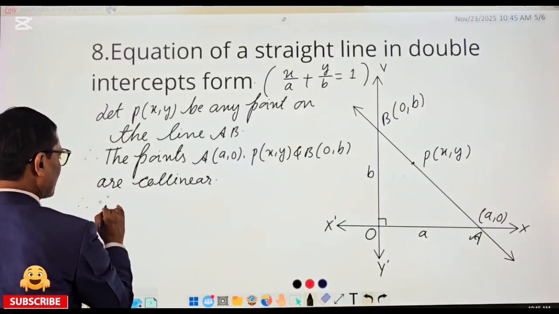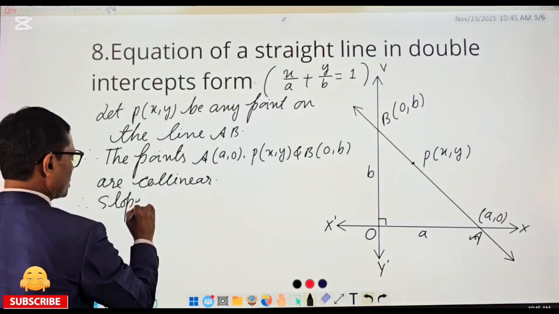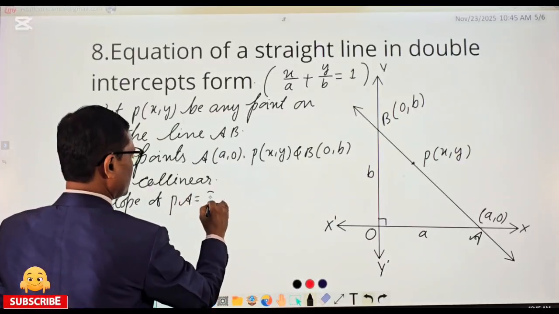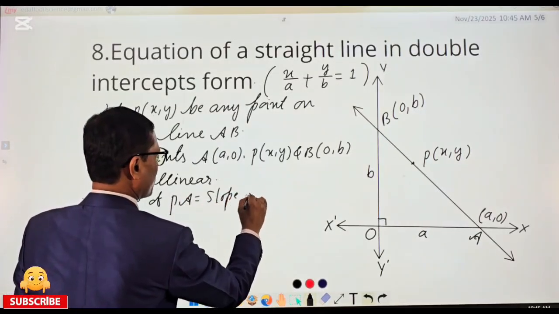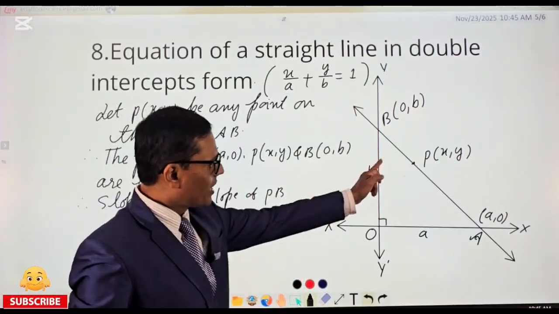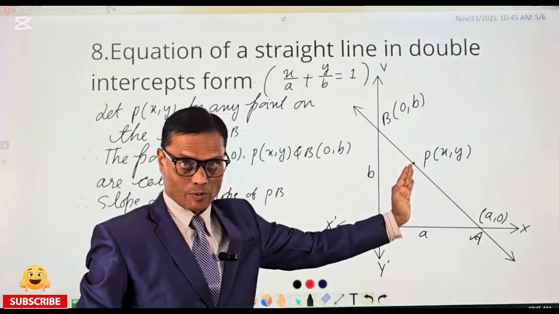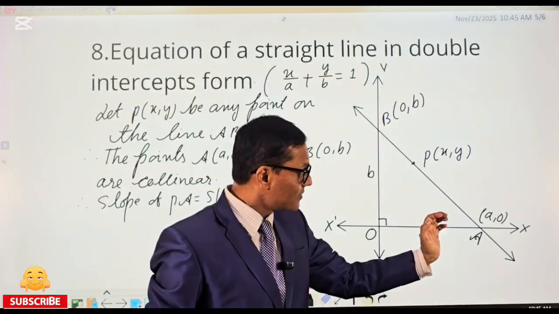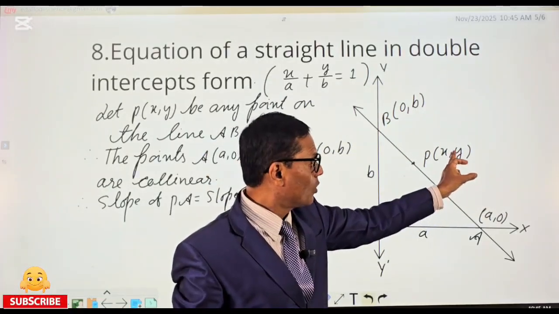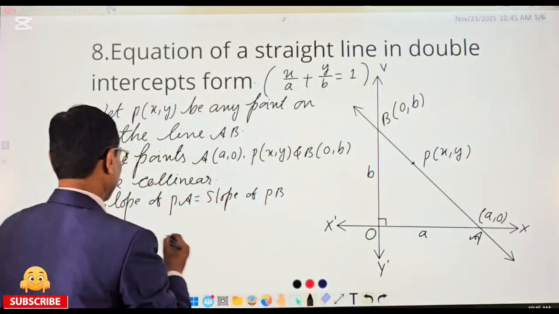Therefore, slope of PA equals slope of PB. Correct? Now to find the slope of PA, we have to apply the formula y2 minus y1 by x2 minus x1. So we can write here y minus 0.